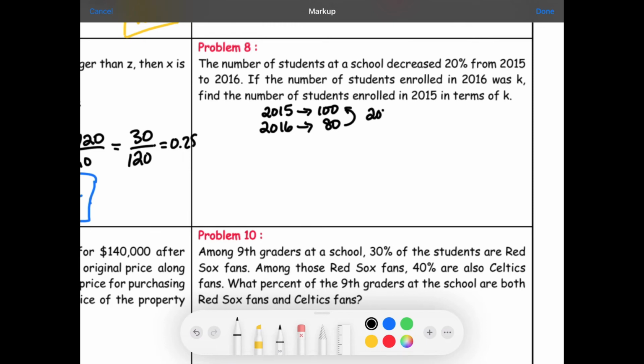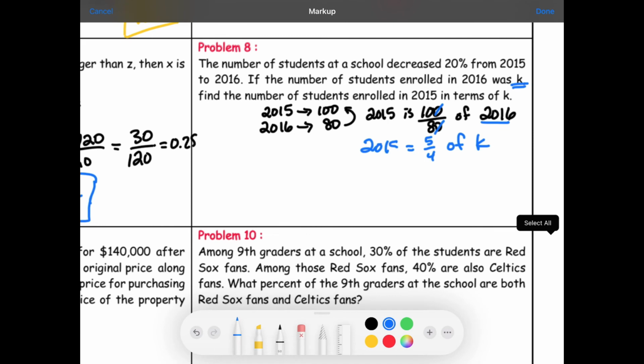But we're saying that, okay, so 2015 is 100 over 80 of 2016. Now 2016 we're calling K, 2015's enrollment reduces to 5/4 of 2016. So that would be 5/4 of K. So 2015 equals 5/4 of K, which means 5/4 times K. Or it could be 1.25.